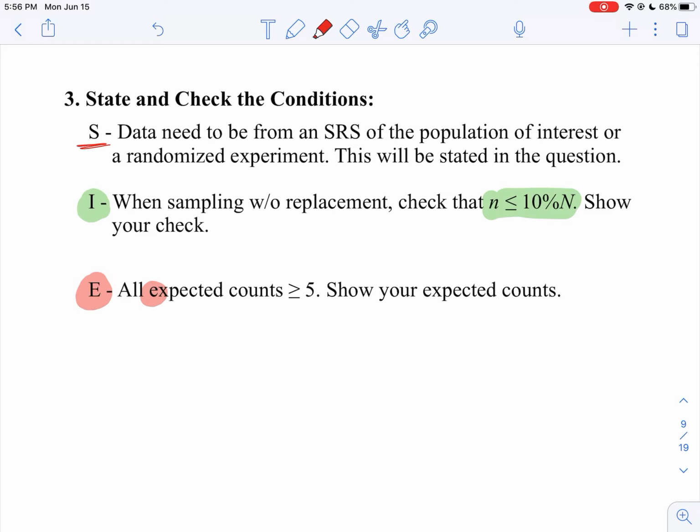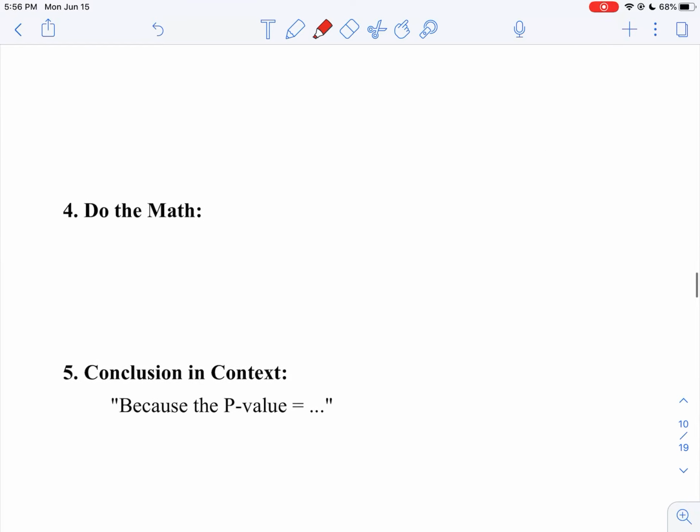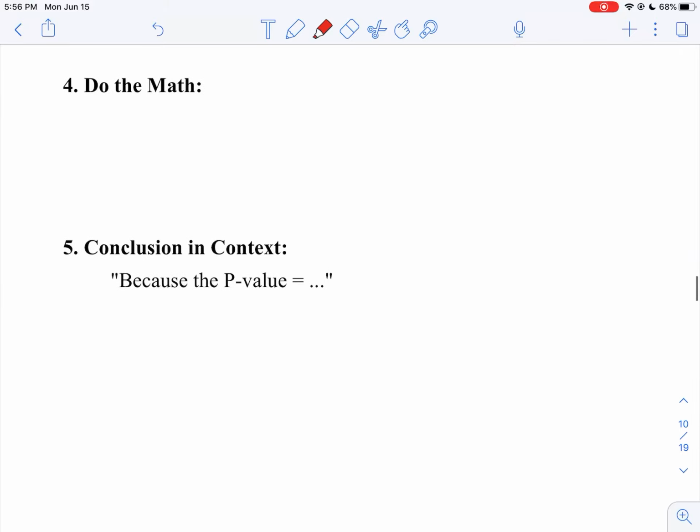All right, and so then our step 4, my favorite, is do the math. So for the chi-square, you looked at this with the M&Ms the other day, but we calculate chi-square by finding the sum of all of our observed minus expected values squared, and then dividing that by our expected values.